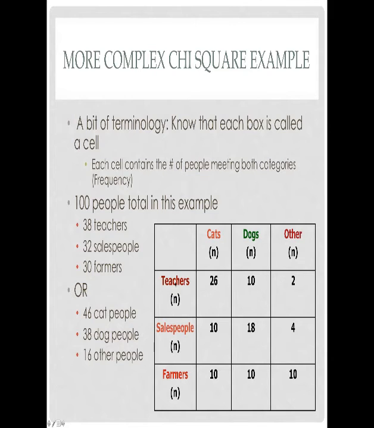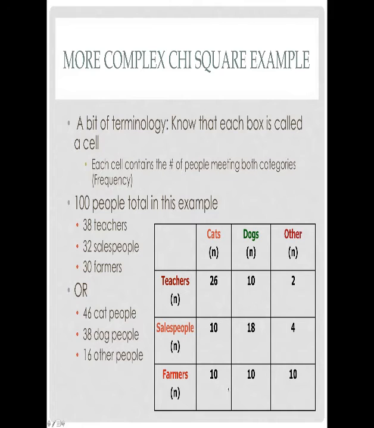Now we went ahead and asked the teachers whether they like cats, dogs, or something else. 26 teachers like cats, 10 teachers like dogs, and 2 of them liked something else. Out of the salespeople, 10 like cats, 18 like dogs, and 4 like something else. Farmers, it was an even split. They liked it all evenly.